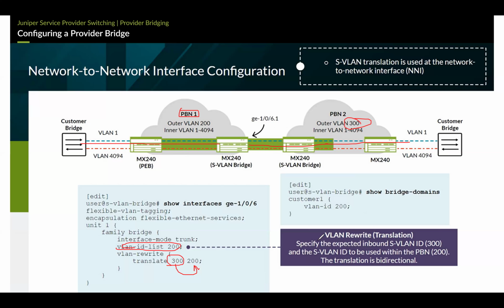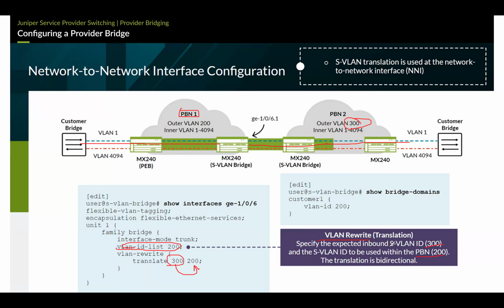This is called the VLAN rewrite or translation. Specify the expected inbound VLAN ID. The VLAN ID is 300 and the SVLAN ID to be used within the PBN is 200. The translation is bidirectional.